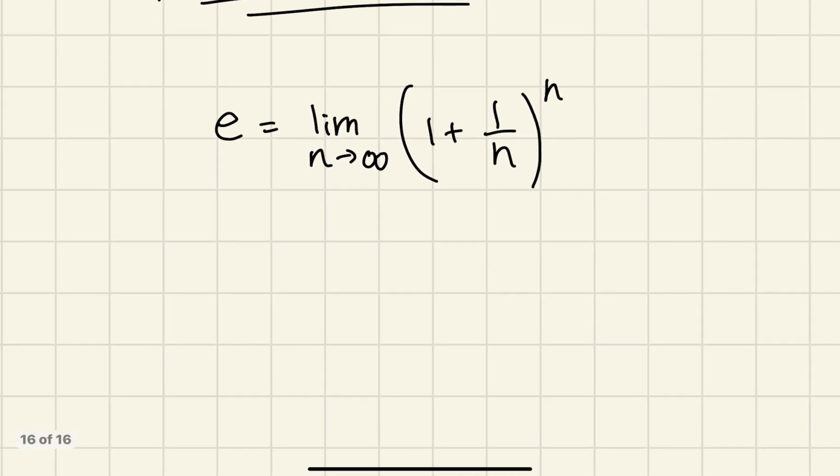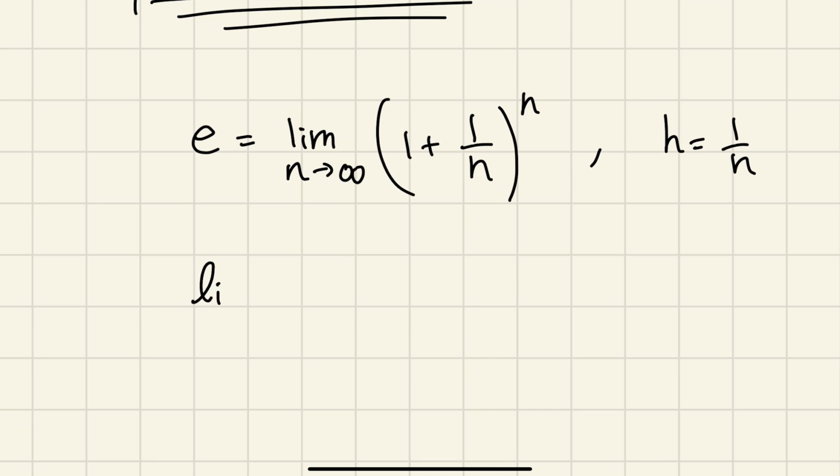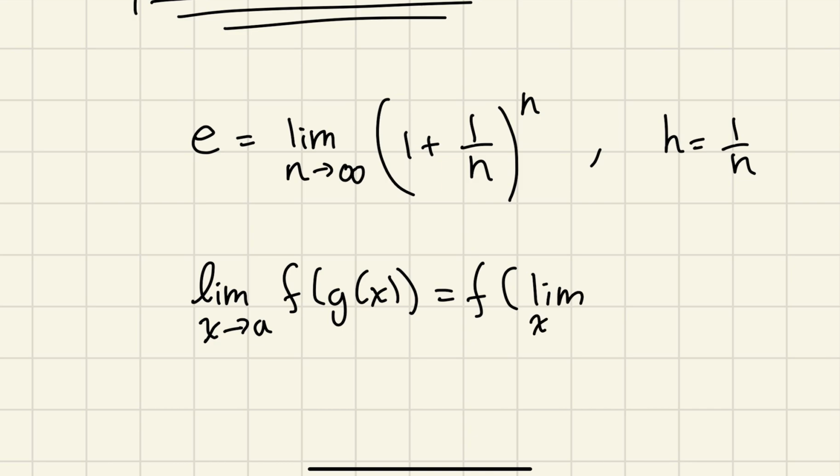And basically after that, we're going to substitute a variable now. So the second part of the question goes, we have to use the substitution h equals 1 over n to show the fact that the limit as x approaches a of f of g of x equals f of the limit as x approaches a of g of x.